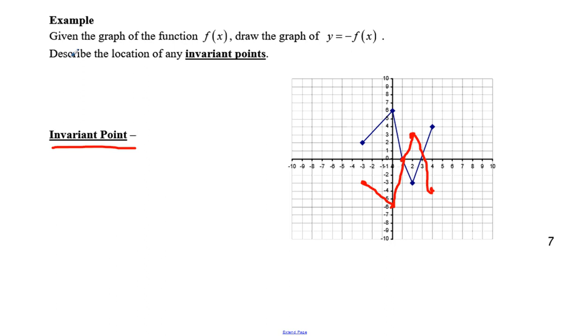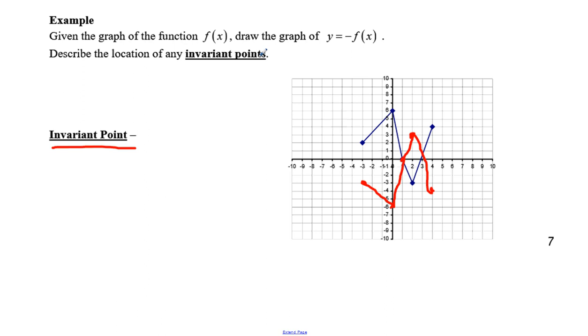Now, it then says, describe the location of invariant points. Invariant points are points that don't move. I want you to think about this. I realize you can't see me, but I often give this example where I take my daughter and grab her by the waist and turn her upside down. Because she's still young, I can physically do that.